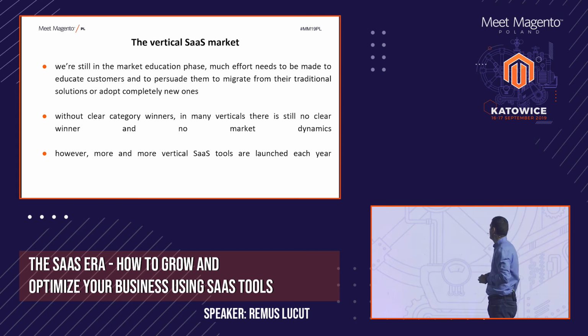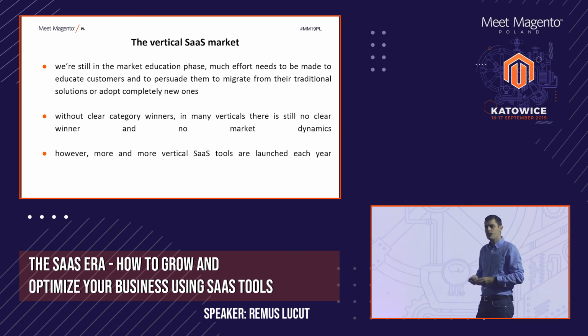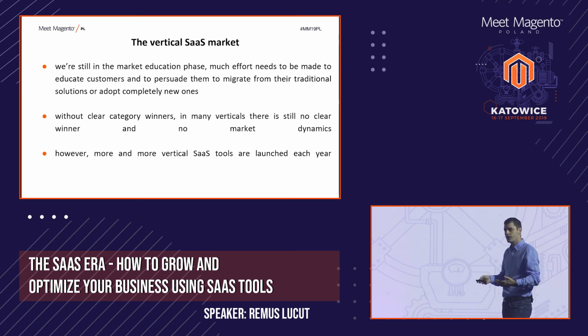And let's take a look at the vertical SaaS market. Well, we're still in the market education phase because we are here discussing some vertical SaaS tools that really help the e-commerce solution. And you haven't really raised your hands when I asked about the usage of SaaS tools. We're still trying to teach customers about the advantages and the benefits of vertical SaaS tools.